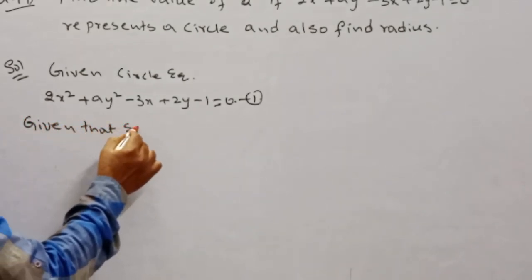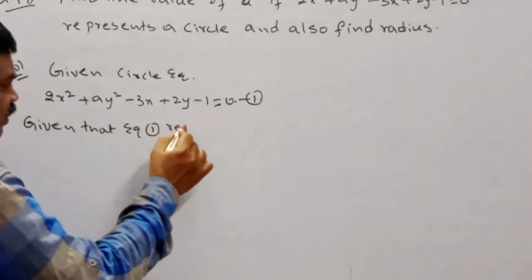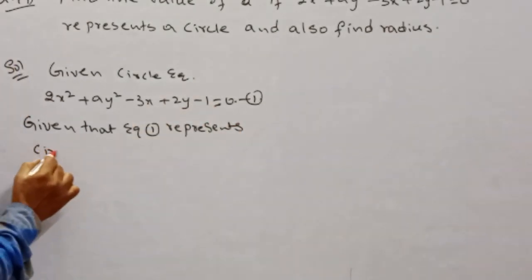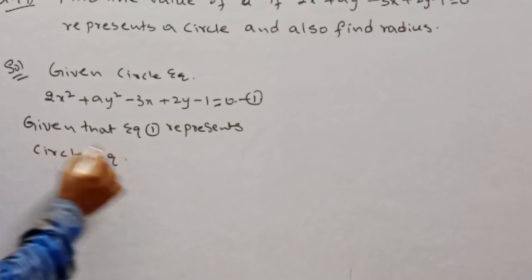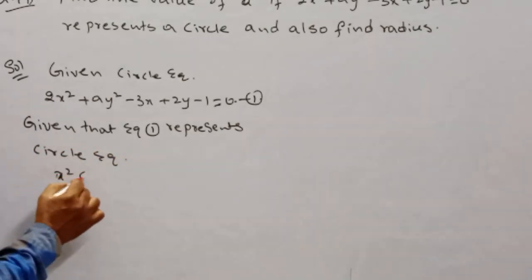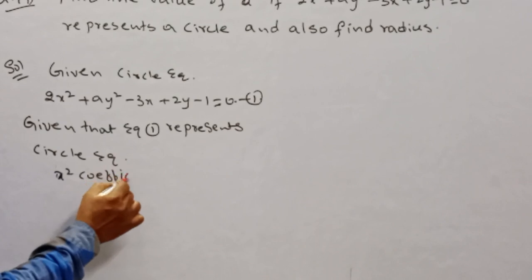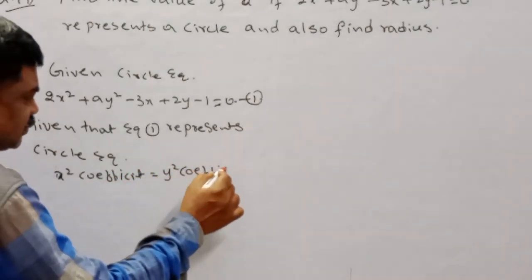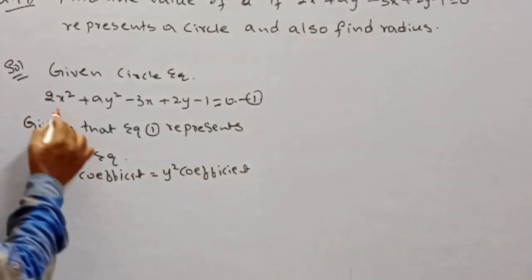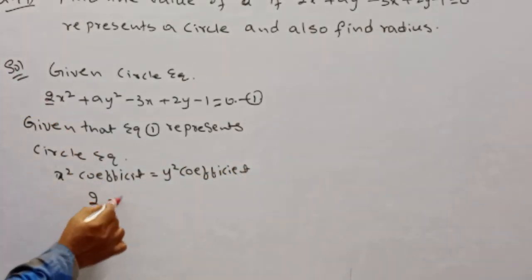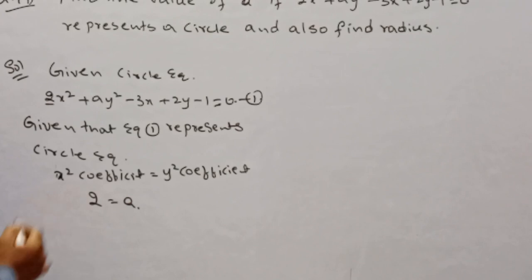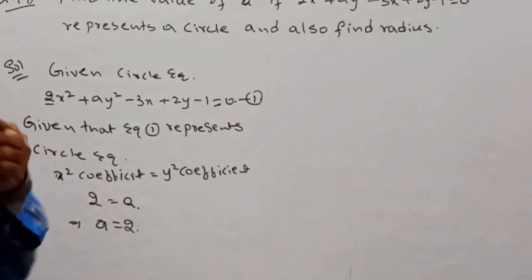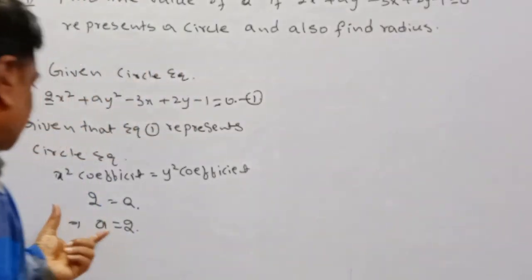Given that equation 1 represents a circle equation, the x² coefficient is equal to the y² coefficient. That is, x² coefficient 2 is equal to y² coefficient, which implies a is equal to 2. Okay, all of you, a is equal to 2.